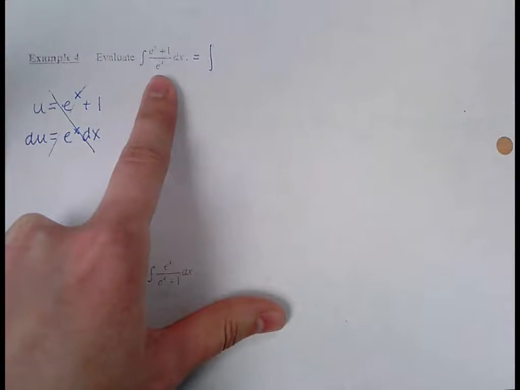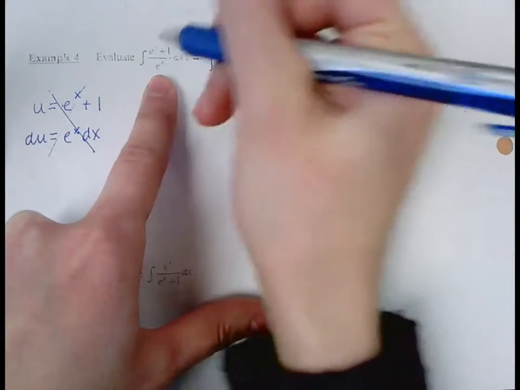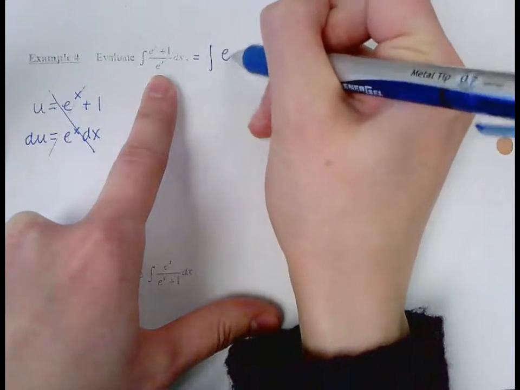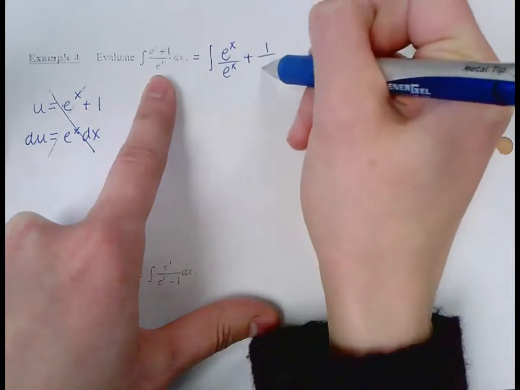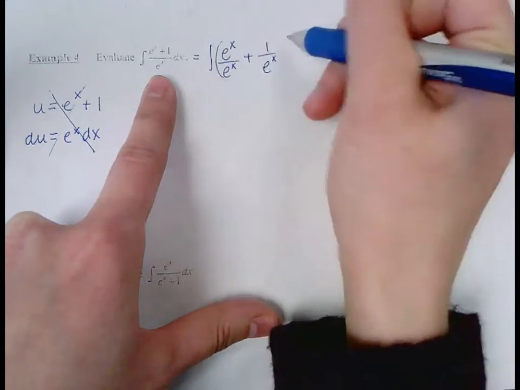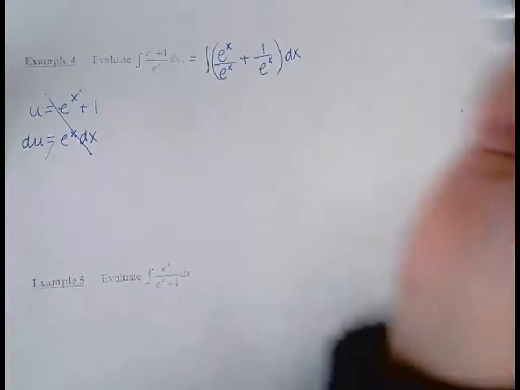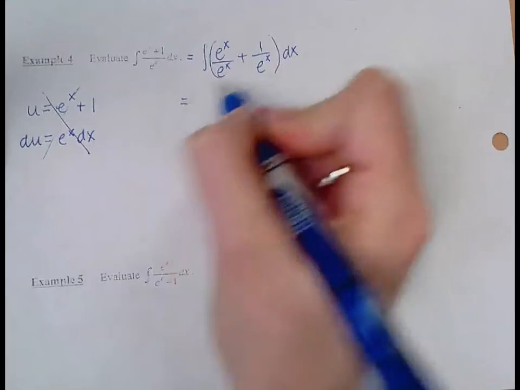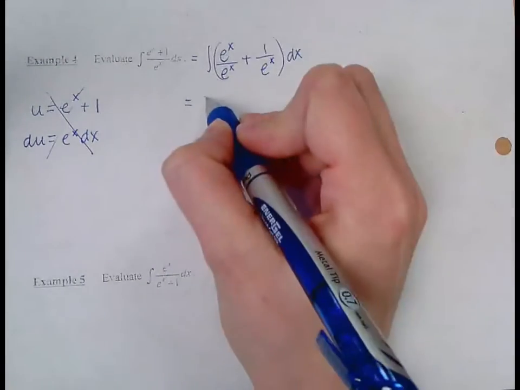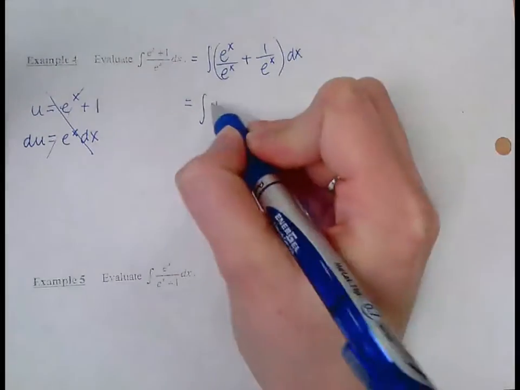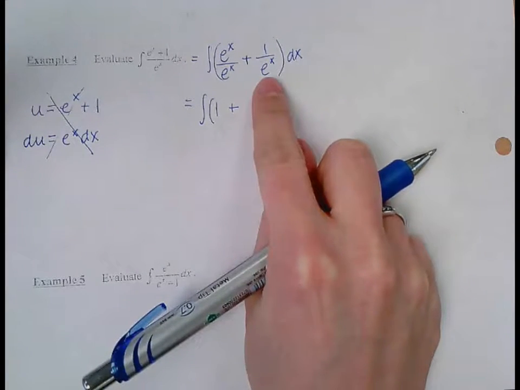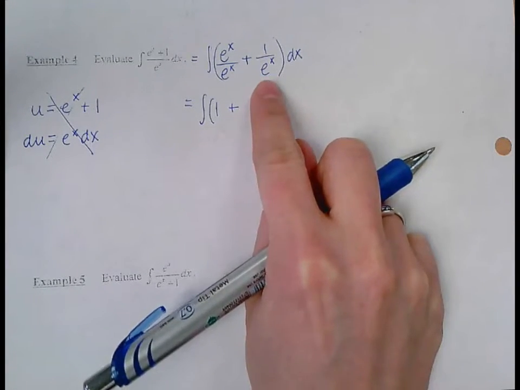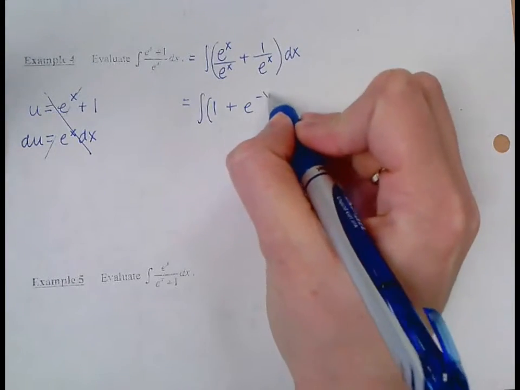So I have just two separate fractions. I'll write it this way just so you can see where everything is coming from. I can split it. But that means the e to the x over e to the x, that's just 1. And then 1 over e to the x, I'm actually going to write this as e to the negative x.